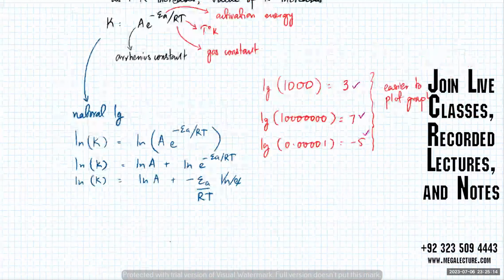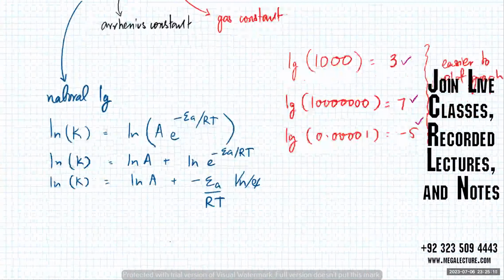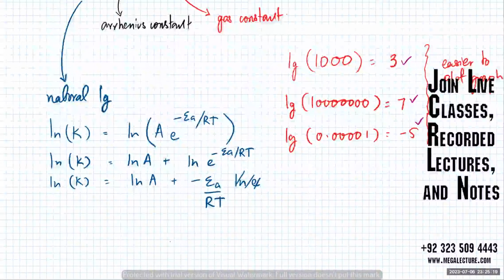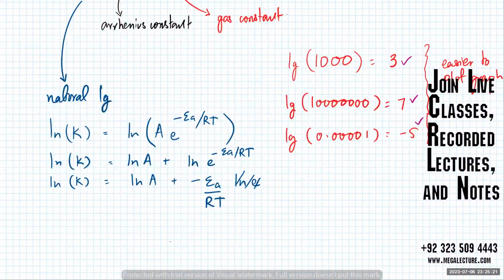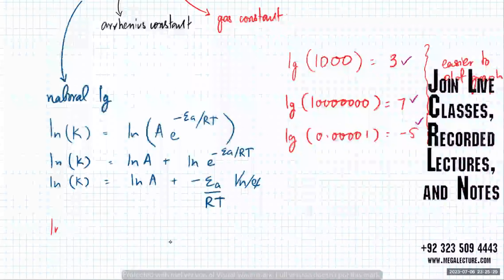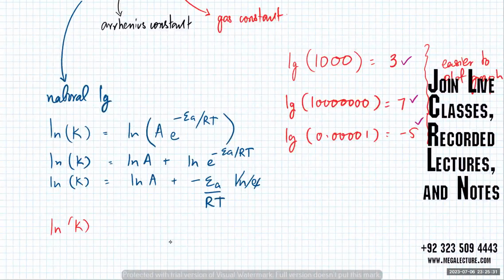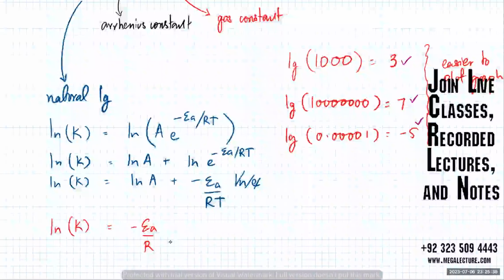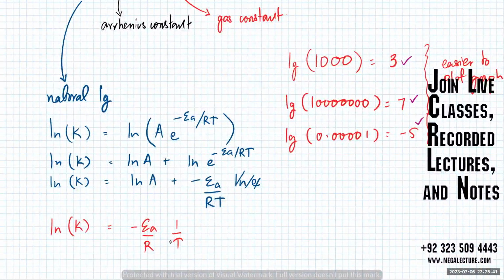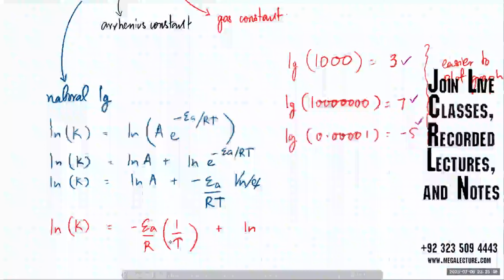Yep, it's clear. Now, when you end up with this expression, this is a constant, and you can compare it with y equals mx plus c. Let me just rewrite this. This is ln k equals minus Ea over R times 1 over T, plus ln A, right?